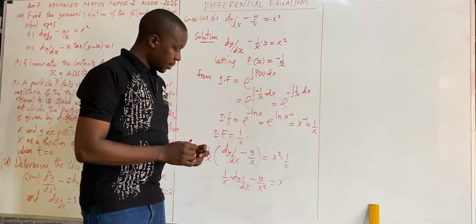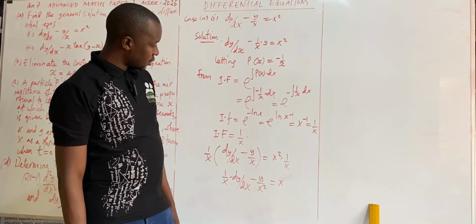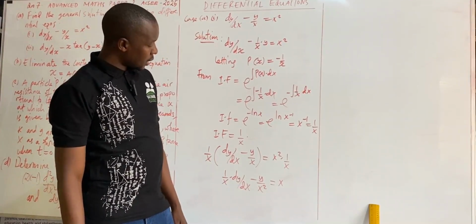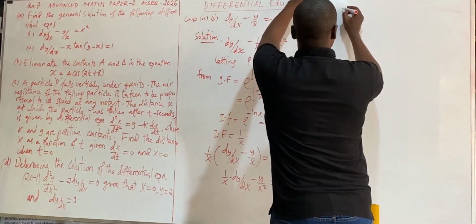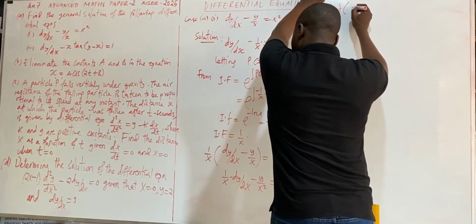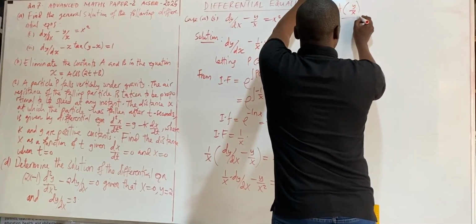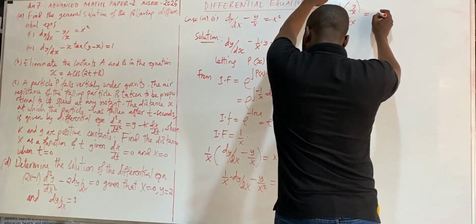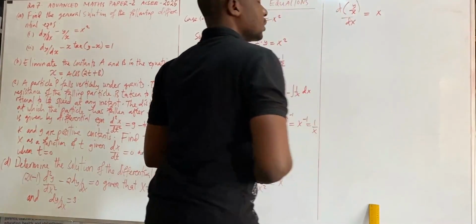From there, the expanded form of this one, we can condense it to a simple form, which is the same as d over dx of y over x equals x.